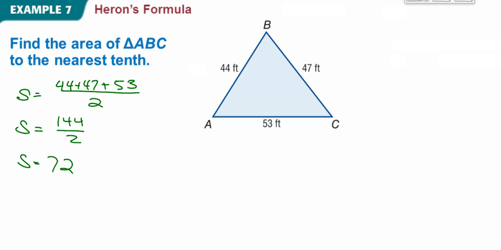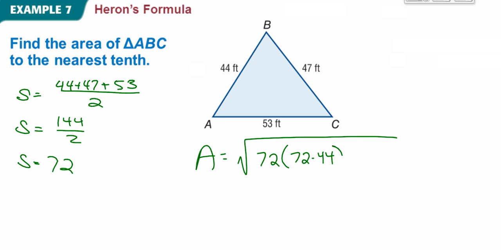And then it's just a matter of finding the area. The area is equal to the big square root of 72 times (72 minus 44) times (72 minus 47) times (72 minus 53).